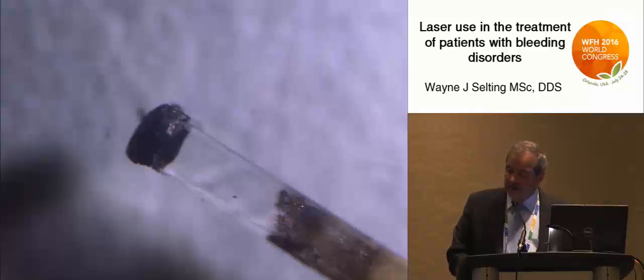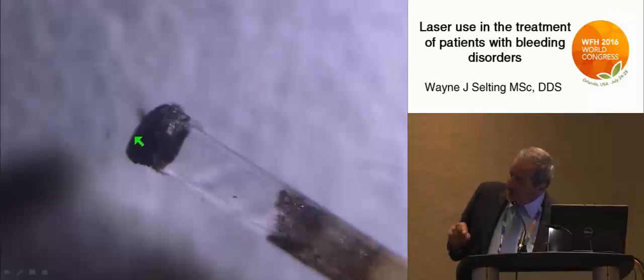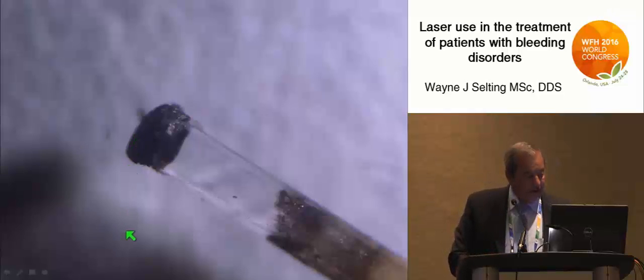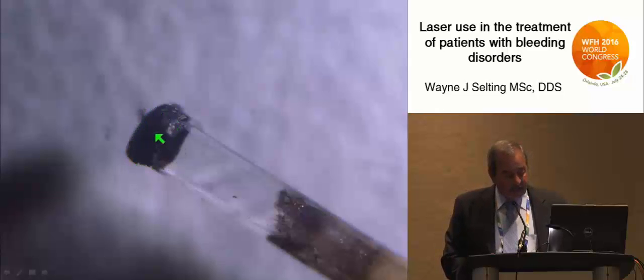Here's a close-up of my fiber. That is 400 microns in diameter. So right on the end of it, to the left, right there is about 200 microns thick and 400 micron wide area of pigment. That pigment, here comes the laser energy down this glass fiber, and all of it is absorbed right there.